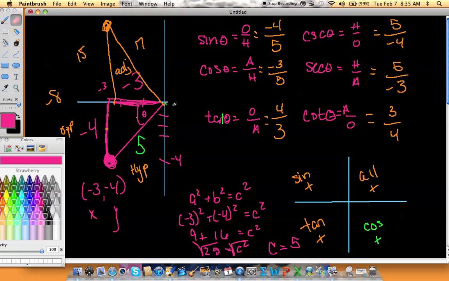So my original triangle, I was talking about this 3, 4, 5 triangle that I had laid out in quadrant 3. So I just said that in quadrant 3, only the tangent should be positive. And if we look at my work, we can see that I'm verifying that because the tangent is positive.